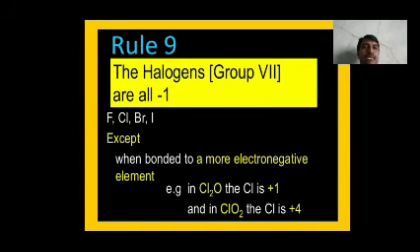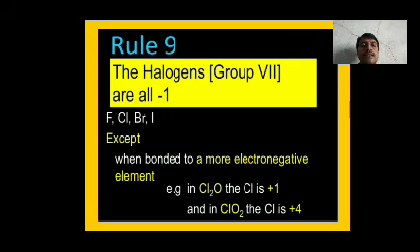The halogens, group 7: fluorine, chlorine, bromine, iodine. These atoms show minus 1 oxidation state.